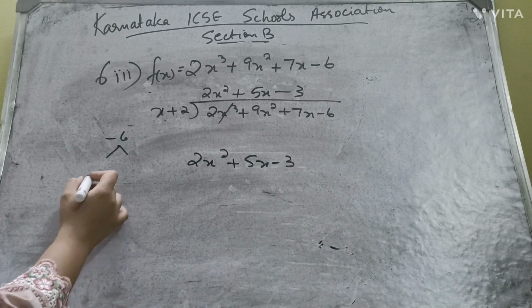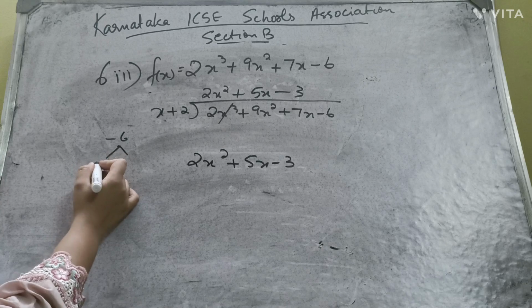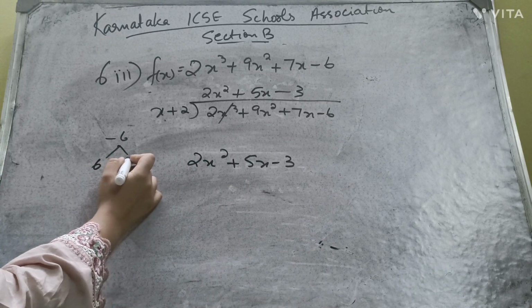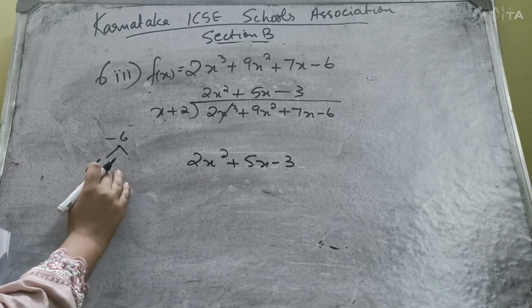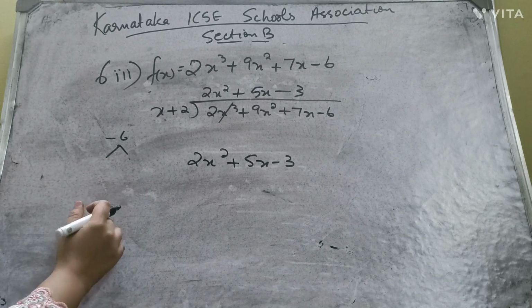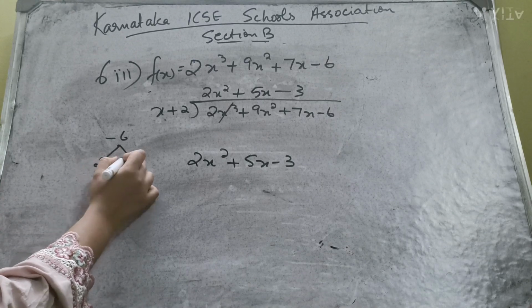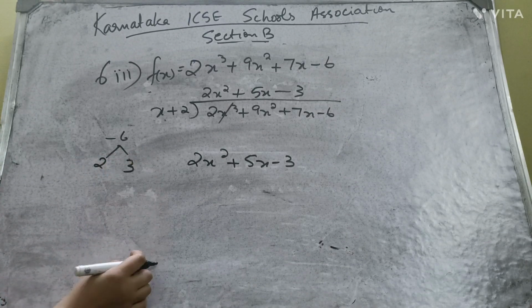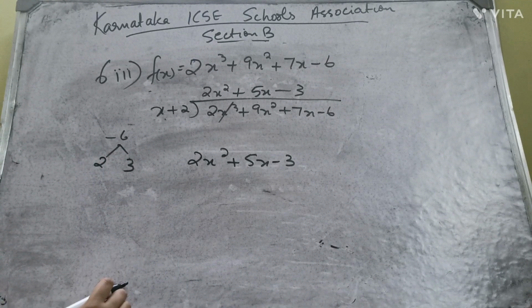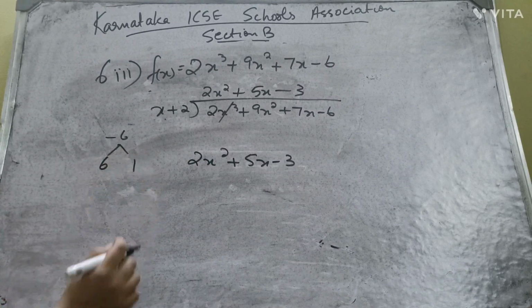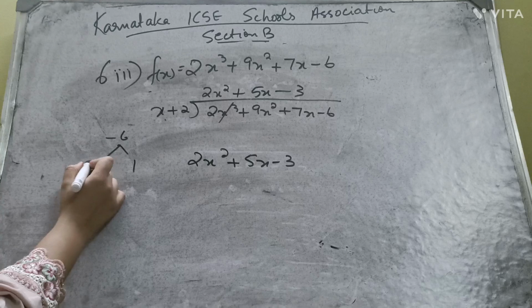So on further factorizing this, 2 3s are 6. So minus 6 you've got to split into two numbers to get plus 5. So what will that be? 2 and 3 will not give us minus 6.